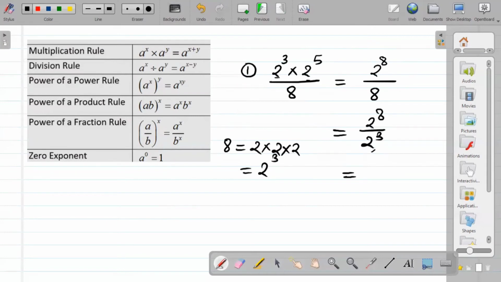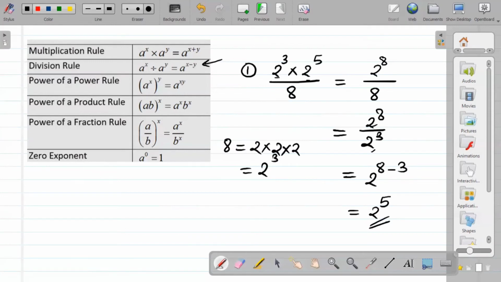Now the bases are the same and in division, a fraction is also division format, so we can subtract the exponents. So this is nothing but 2 raised to 5, and hence the answer of your first question is 2 raised to 5. This is how you can use multiple rules in one question to simplify it.